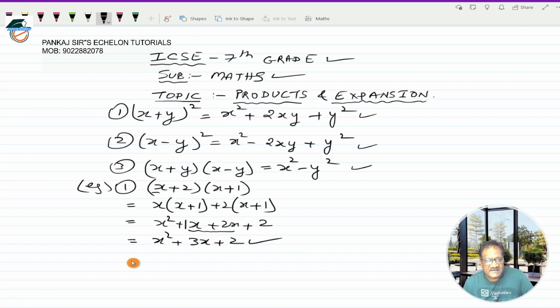Okay, let us try the second one, example number 2. It's somewhat similar. Let it be m minus 5 multiplied by m minus 25.